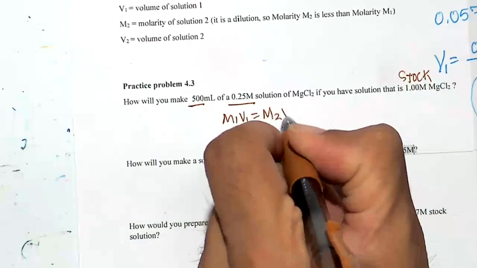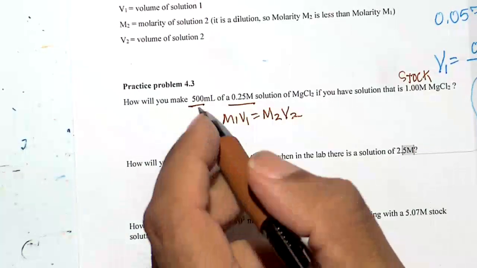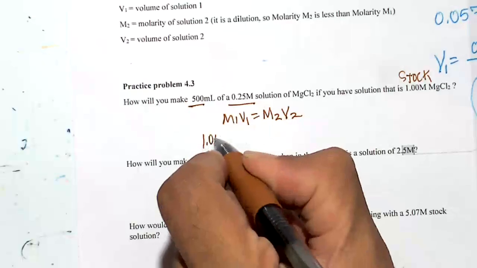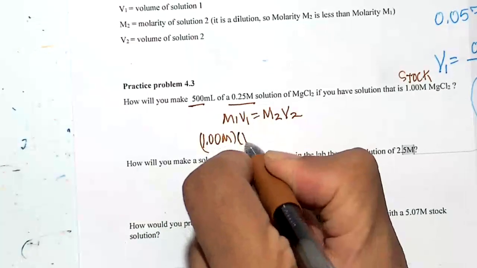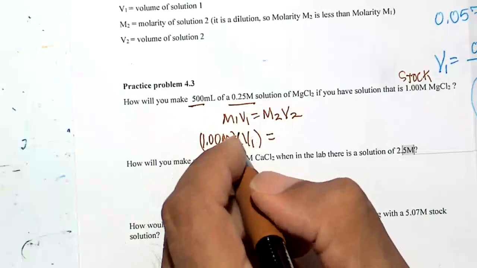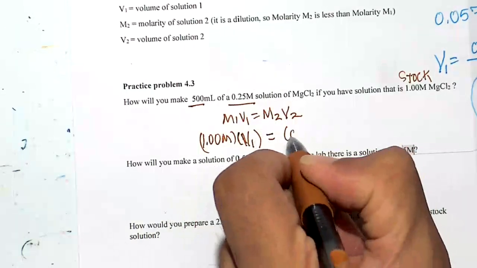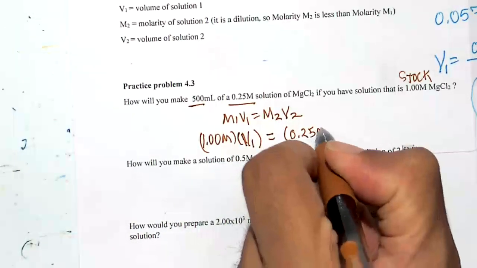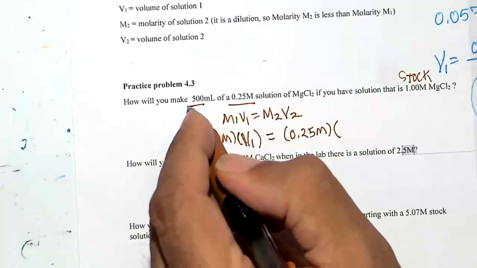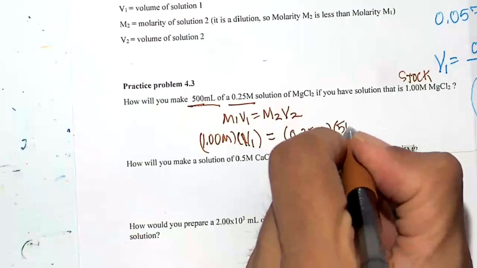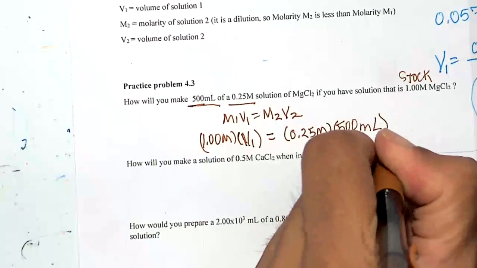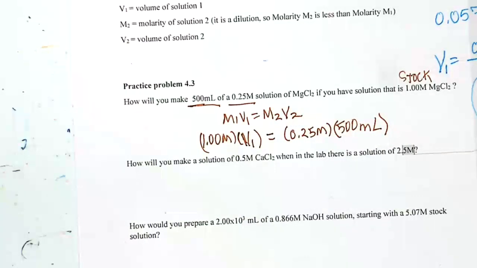So M1V1 equals M2V2. Our stock is 1 molar. Okay, what is M2? 0.25 moles over liter. And how much do we want to make total volume? Okay, 500 mLs.